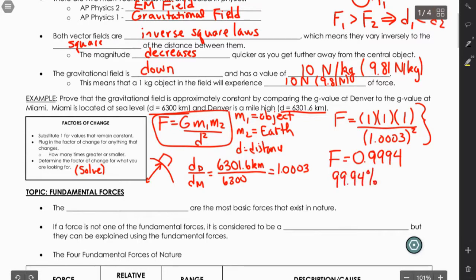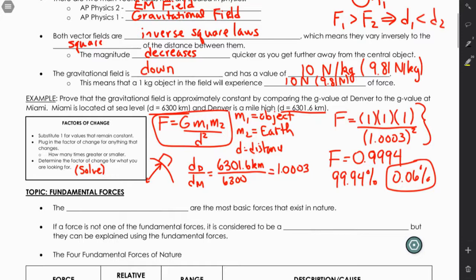So what does that mean? That's a 0.06% difference between the two. And that's basically constant. When we talk about the gravitational force being constant, that's what we're talking about. There's a less than 1% difference between sea level in Miami and Denver, which is one of the highest points here in the United States.